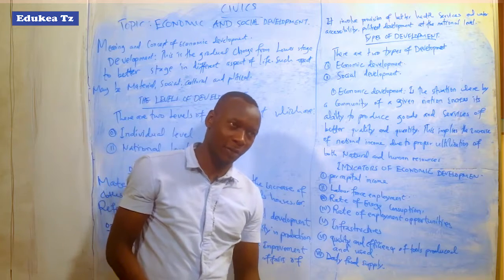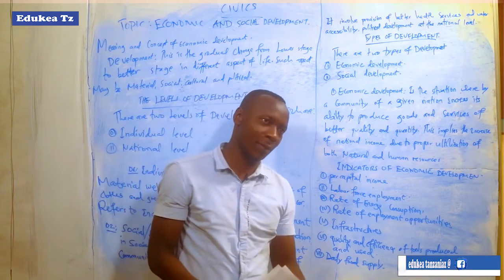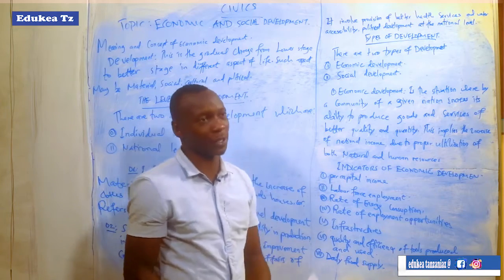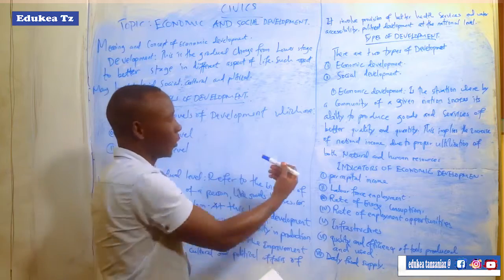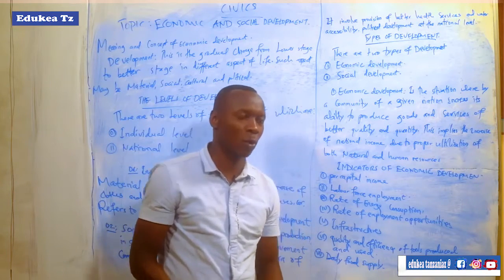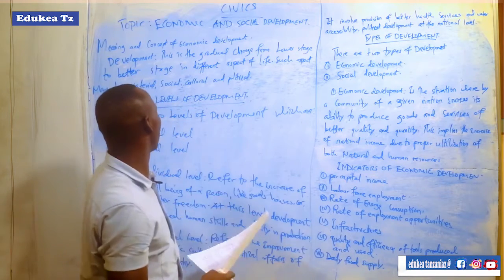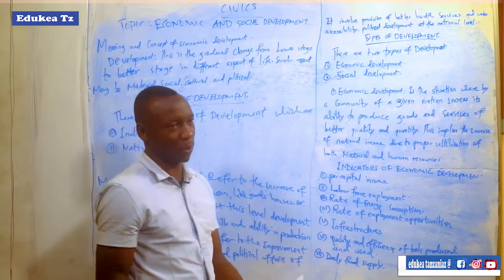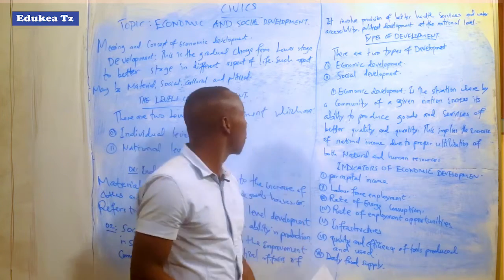So, in any nation, development is defined in different aspects, and those aspects are material, social, cultural, and political. If a nation has grown in political, cultural, social, and material terms, that is what we call development.